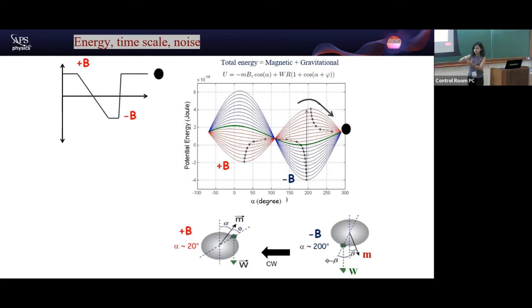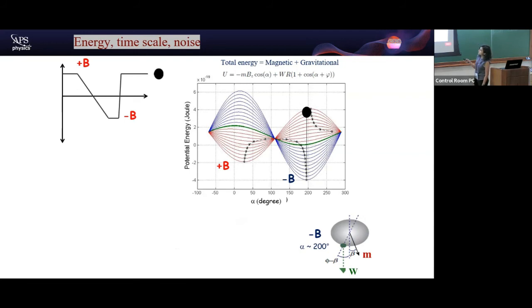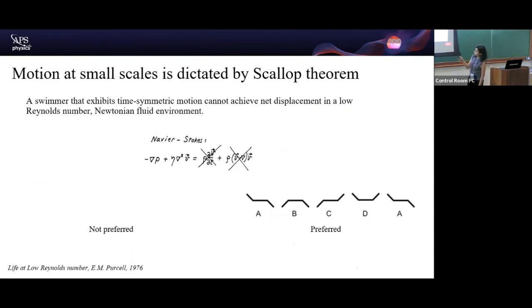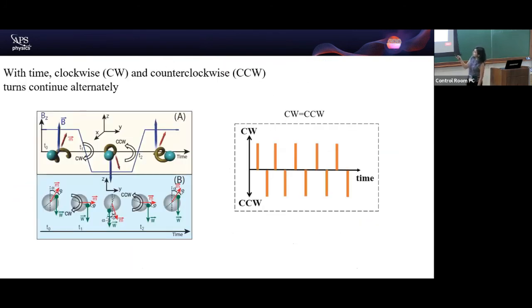So if this is the helix, if this is the particle and it is turning, the weight is what is basically making it turn. So our particle is not exactly symmetric.